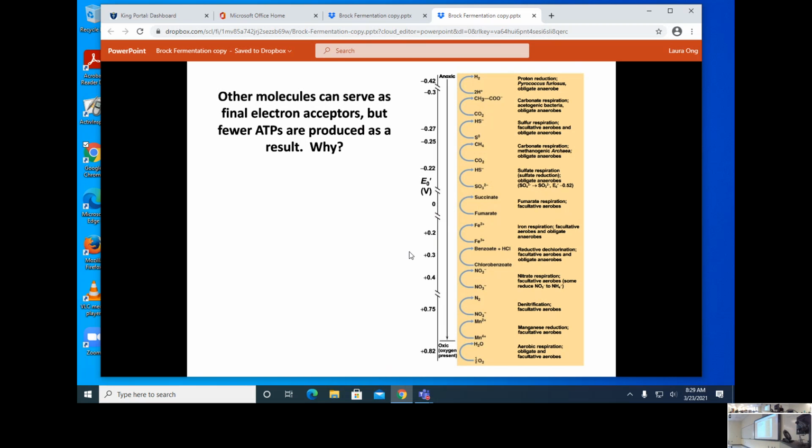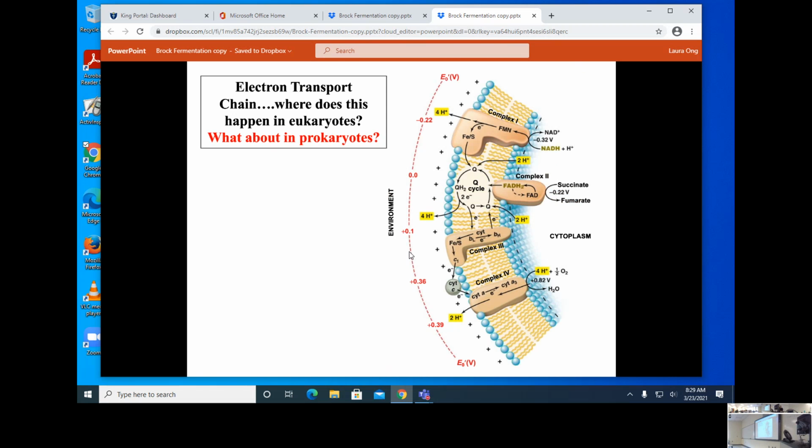Let's go back here. So right there, very subtle, we've got oxygen gas converting to water at the end. And this one is using oxygen as its final electron acceptor. So that makes this an aerobic respiration pathway.